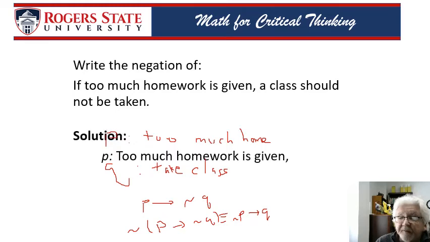So let's see what that would be. P is too much homework is given. Q is a class should be taken.